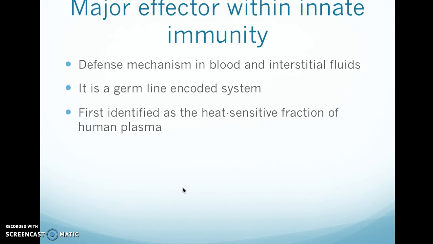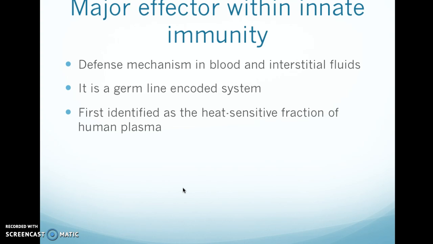As a universally distributed defense mechanism in blood and interstitial fluids, complement is one of the first lines of defense against pathogenic microorganisms that breach or get past the mechanical and chemical barriers of our body. So when they get past those barriers, like the skin or chemical barriers like mucus and stuff like that.